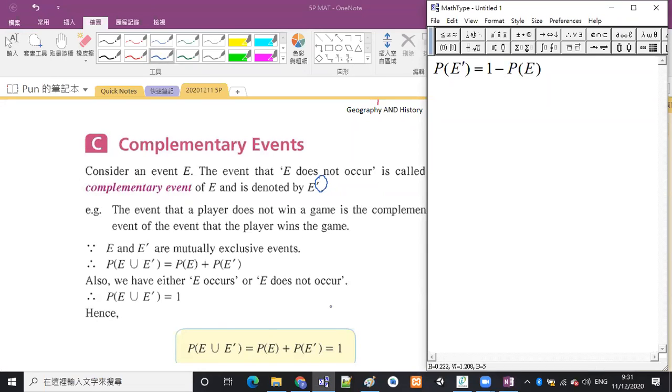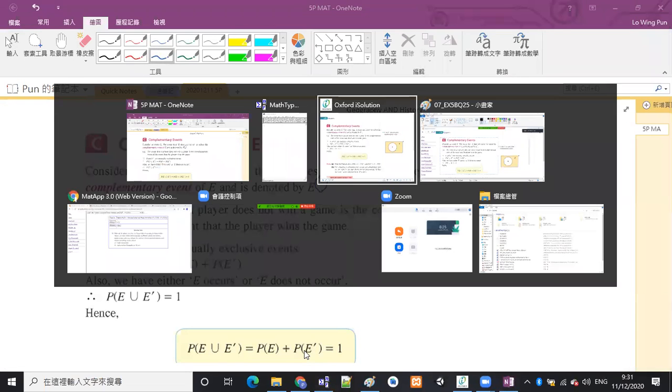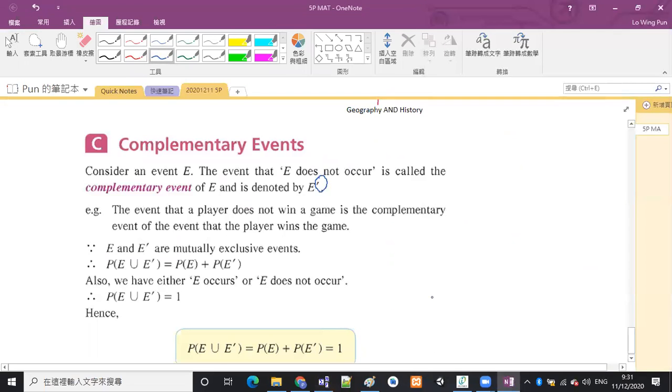Okay? So that is the basic thing about the not notation.